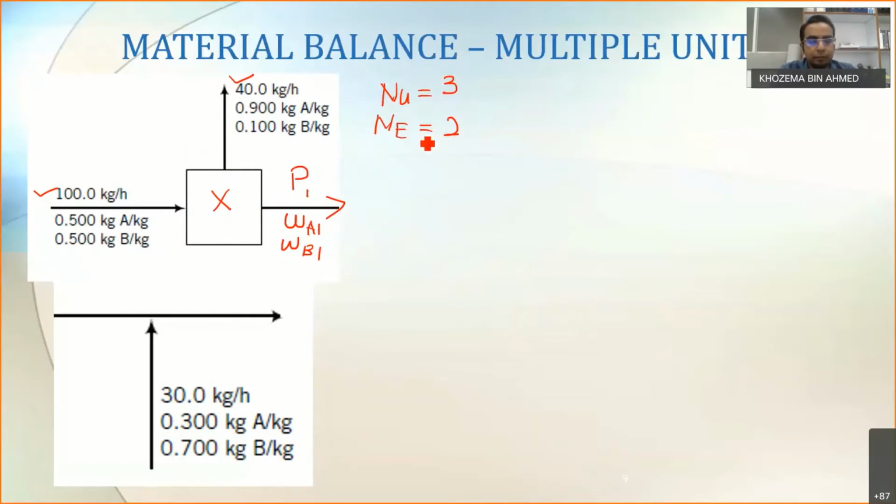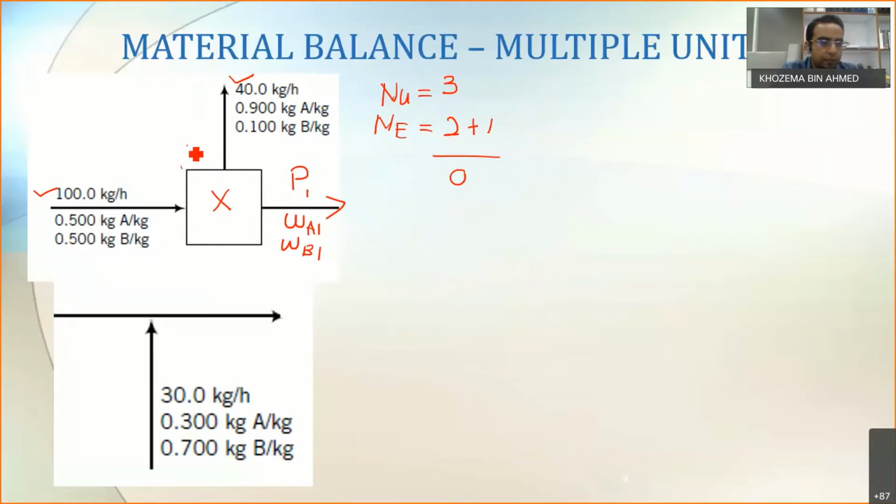And I can relate my mass fractions with an implicit relation, so I have another independent equation. So my degree of freedom is equal to 0. So this part of the system can be solved, no problem. Then we move on to our mixing point. Here, this P1 is still P1.